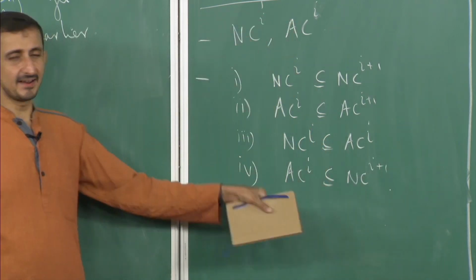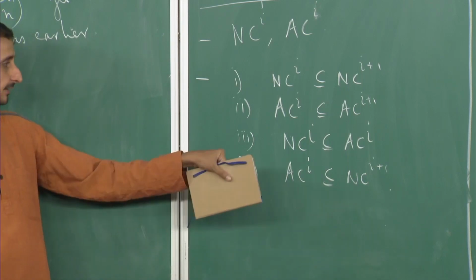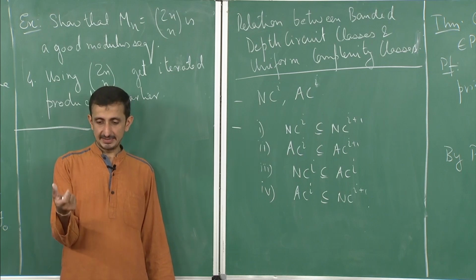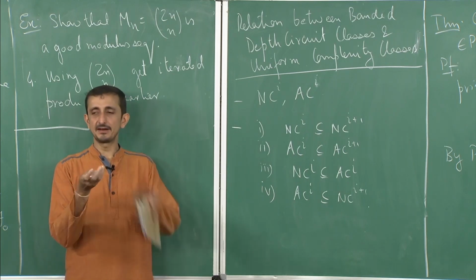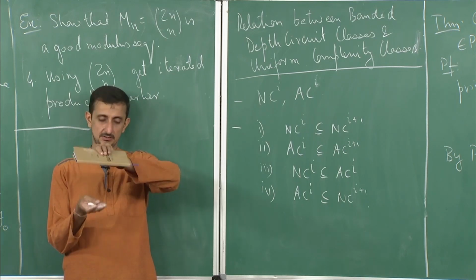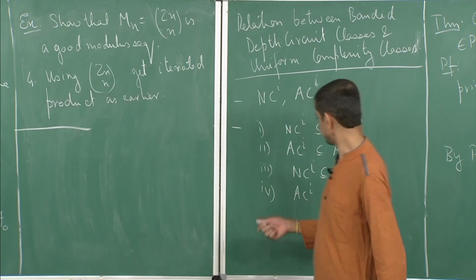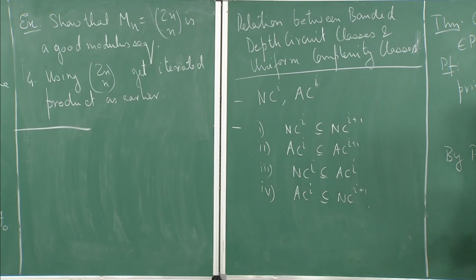Okay. So the first three are actually definition, it follows directly from definition. The fourth one just follows, I can take every gate of unbounded fan-in and I can replace it with a log depth circuit of bounded fan-in. Okay. So that gives me the fourth one.